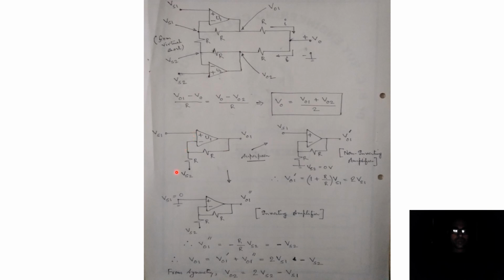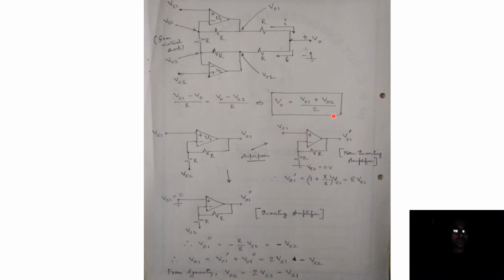What we also have here is a source Vs2, and then there are two resistances, R and R. And we can apply superposition here because there are two sources. So for the first one, we are suppressing Vs2, making Vs2 0 volt, and we are only allowing Vs1 to be present in the circuit.